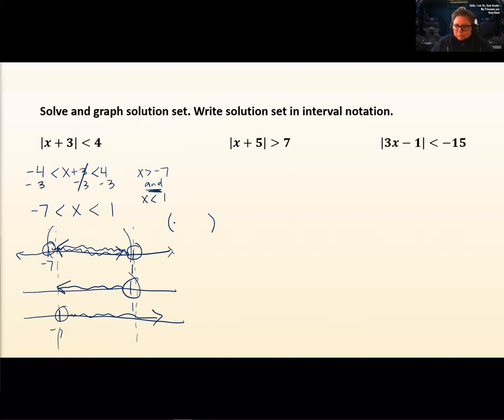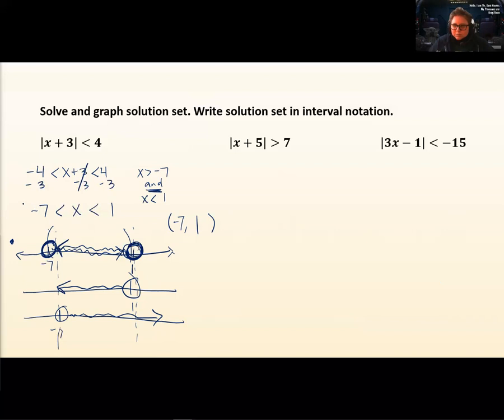Remember, we're talking about x being between -7 and 1. So where does it start on this number line? Right here. It starts on -7. Where does it end? 1. Yep, and that's your answer.